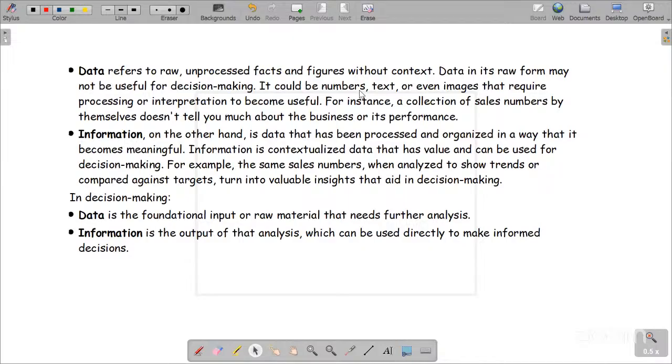Get a snapshot. Right. I'm changing the screen, right?